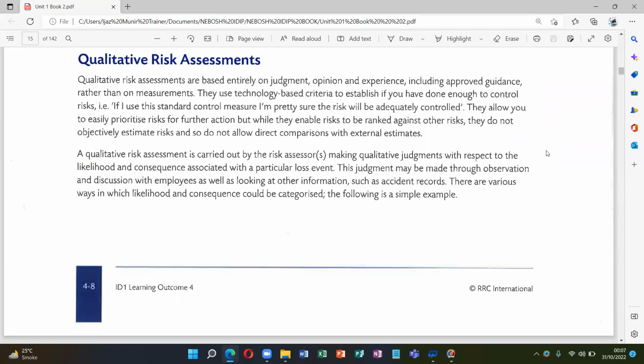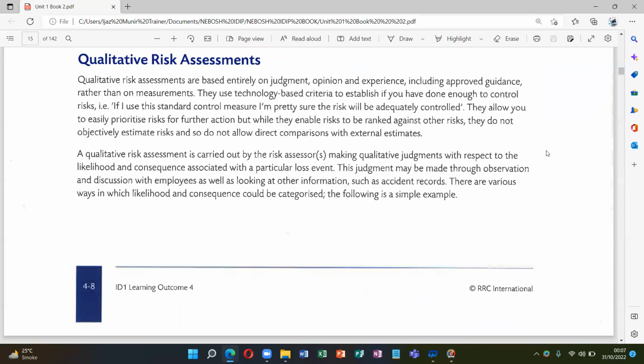Qualitative risk assessments are based entirely on judgment, opinion, and experience, including approved guidance, rather than on measurements. They use technology-based criteria to establish if you have done enough to control risk. If I use this standard control measure, I'm pretty sure the risk will be adequately controlled.